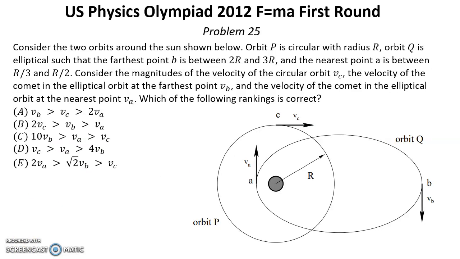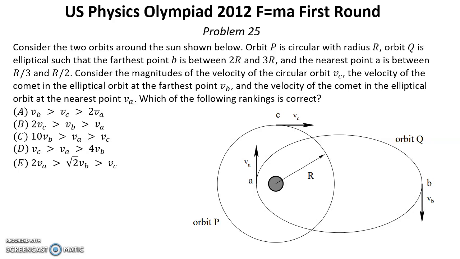Problem number 25. Consider the two orbits around the Sun shown below. Orbit P is circular with radius r. Orbit Q is elliptical such that the furthest point B is between 2r and 3r, and the nearest point A is between r over 3 and r over 2.